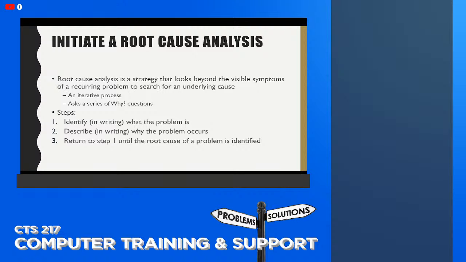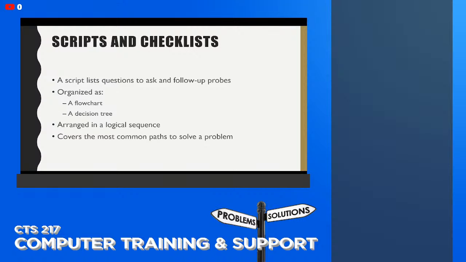Let me see here. What's a good thing that we need to cover here? Let's talk really quickly about the idea of scripts and checklists.